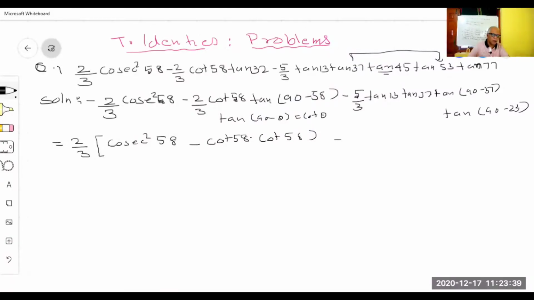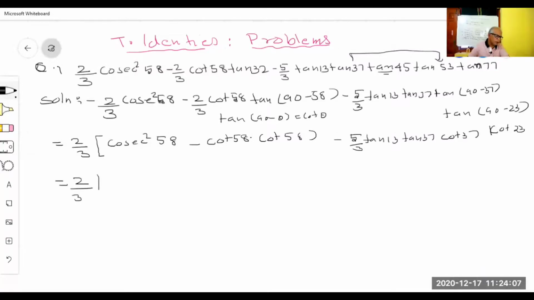Minus 5 by 3 tan 13, right? Tan 37 into cot 37. If you know, you can cut directly here. Cot 23, if you know, you can directly cut here. These steps are absolutely not necessary, in fact.